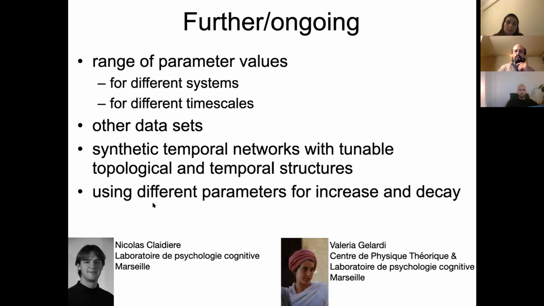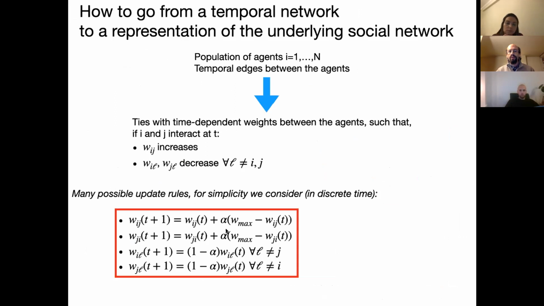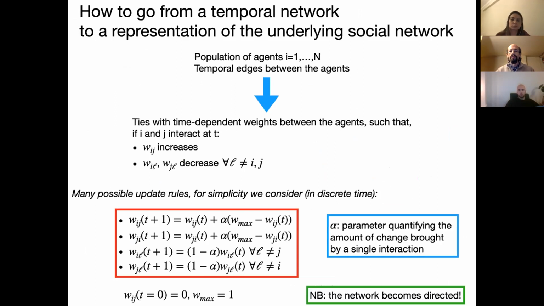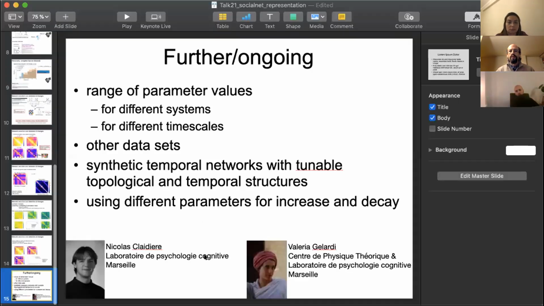And there's also probably a different avenue that we want to explore, which is to use 2 different parameters instead of one alpha, for the increase and the decrease of the ties. So thank you, and if you have questions, I'm ready to answer them.